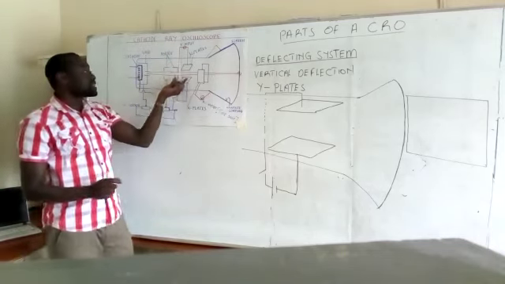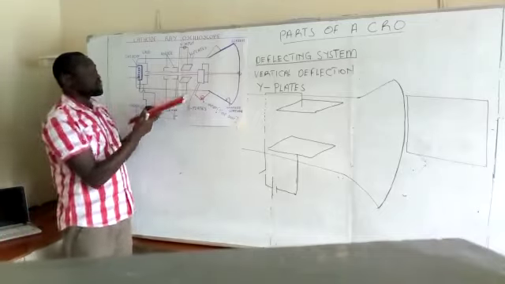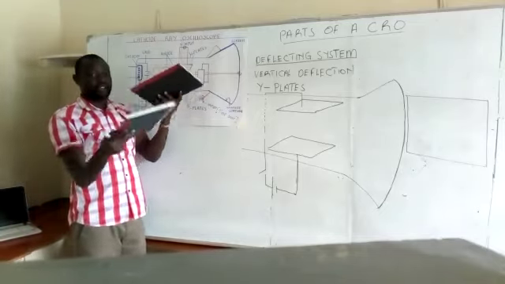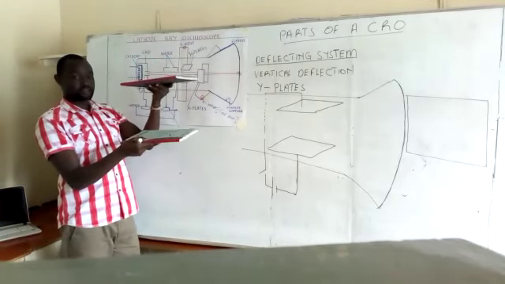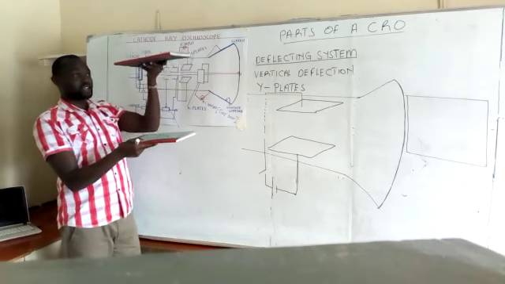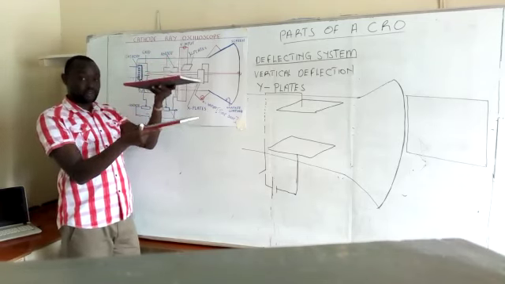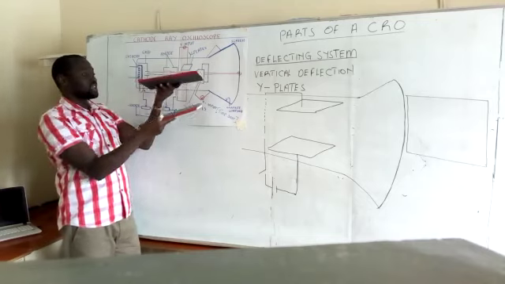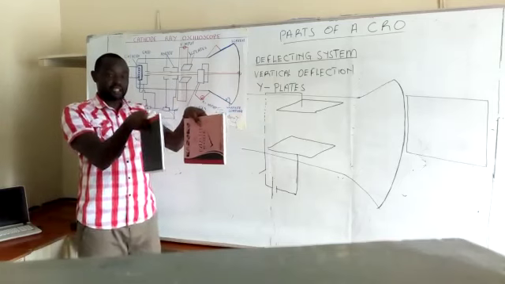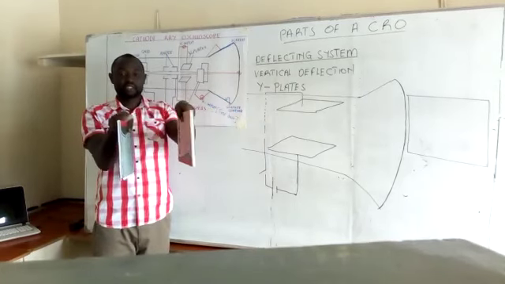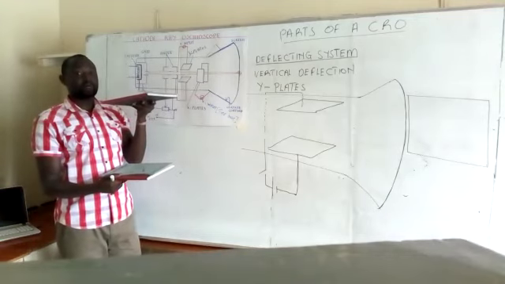If you look at this diagram carefully, you'll note that the Y plates are a pair of plates, one on the lower side and one on the upper side. They are placed in a vertical axis. Then the X plates are still a pair, but they are placed in a horizontal axis. So these are the X plates. Then we have the Y plates.